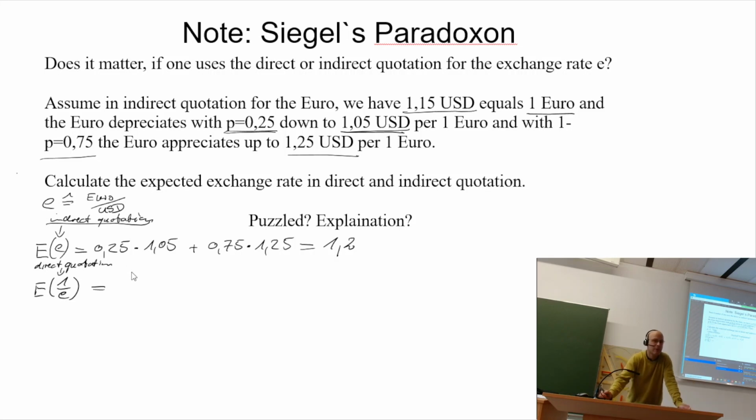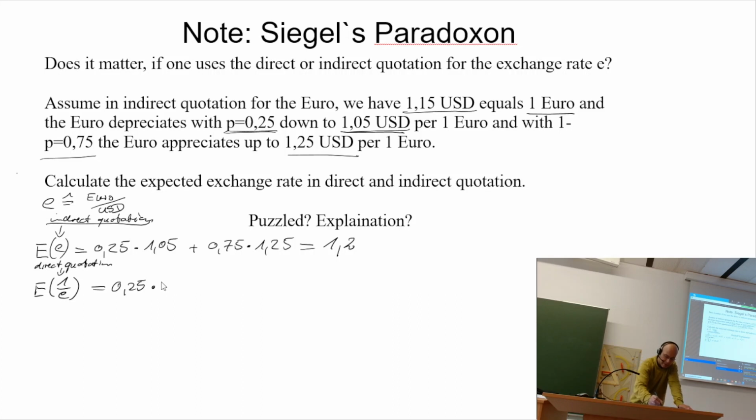Well, what do we have to do now? With 0.25, we are also depreciating, but we are just using the other way to describe it.